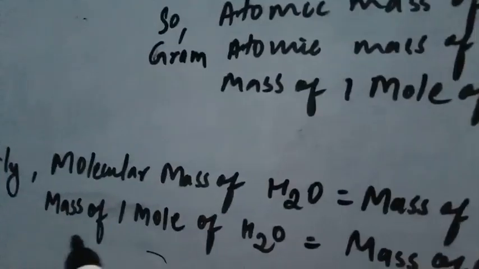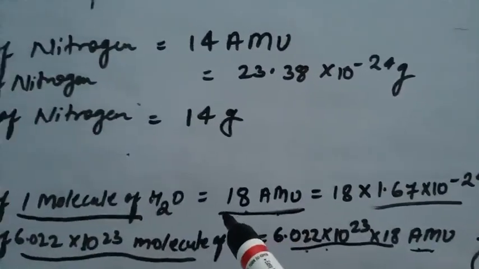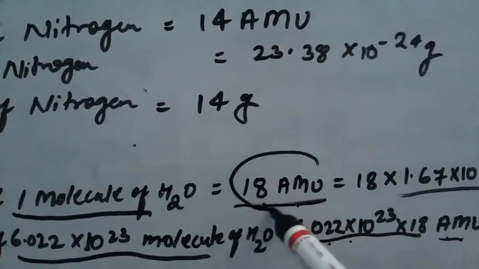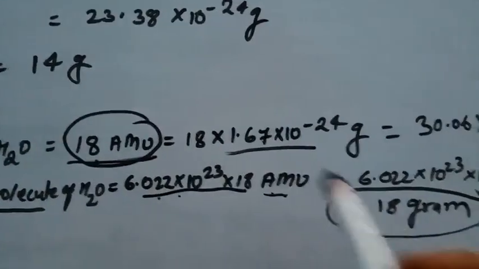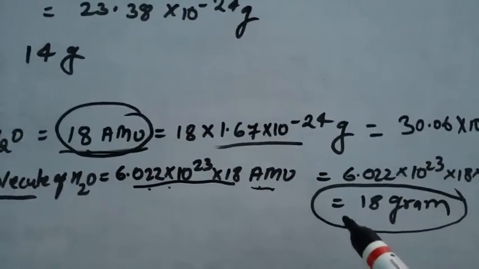So we got the mass of 1 mole of H2O as 18 grams. But again you can see, the molecular mass of water we got as 18 AMU, whereas the mass of 1 mole of water we got as 18 grams. So here you can see the numerical values are coming the same and only the units are different.